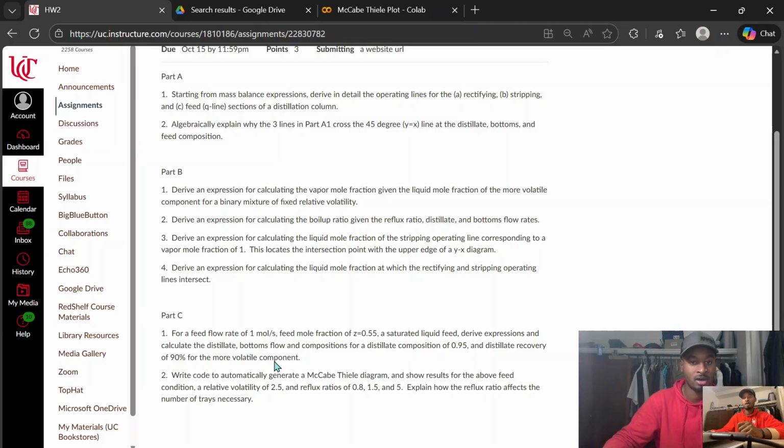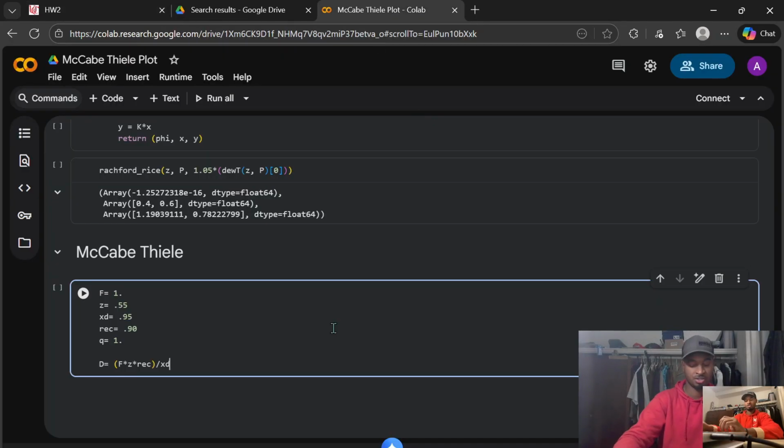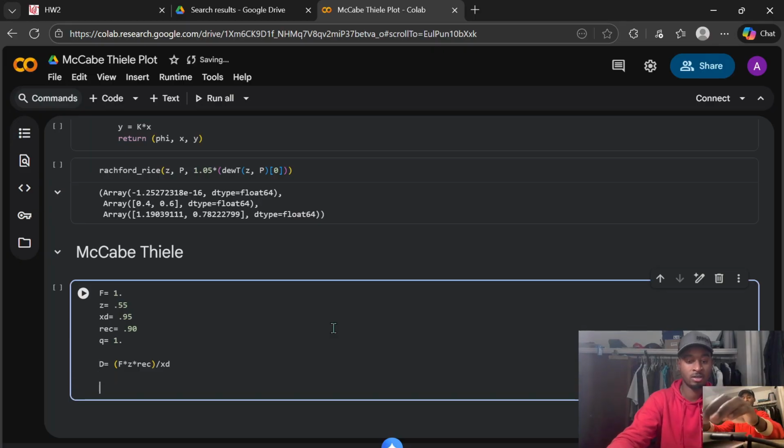We can now calculate the bottoms flow rate by using a more generalized formula of the material balance. So we know that the feed going in is equal to the bottoms plus the distillate going out.